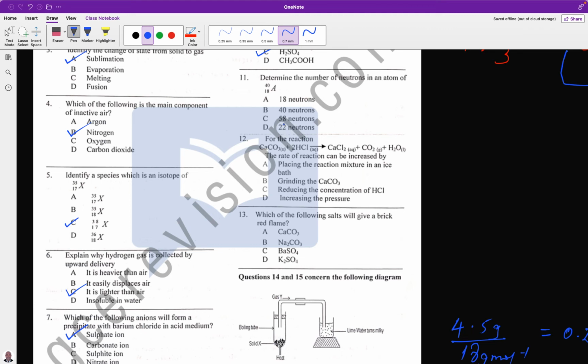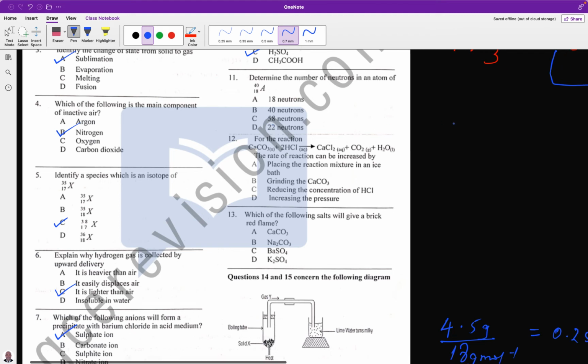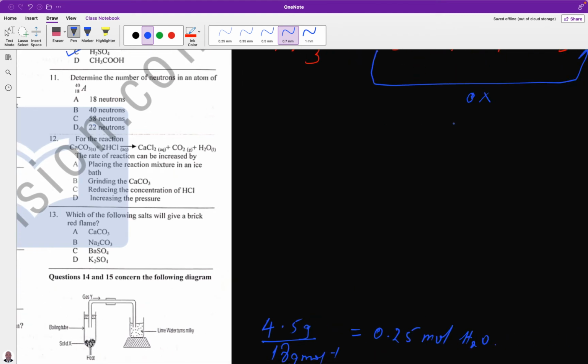And if we do this, you will see that for 40, mass is equal to proton plus neutron.